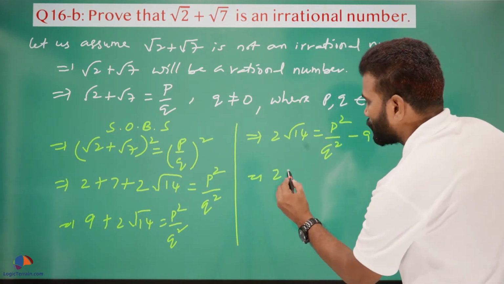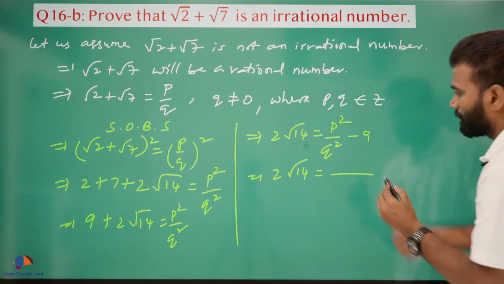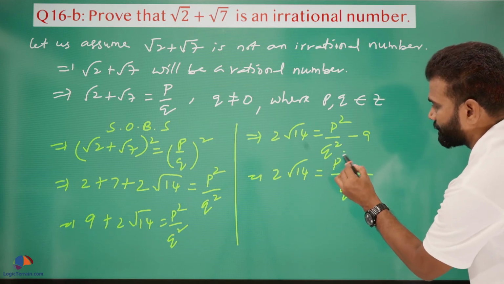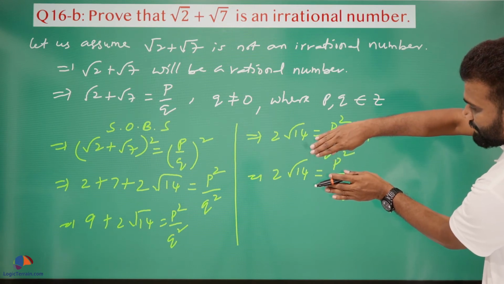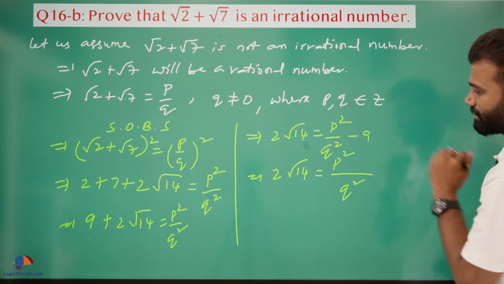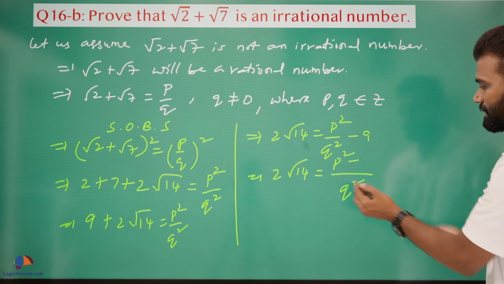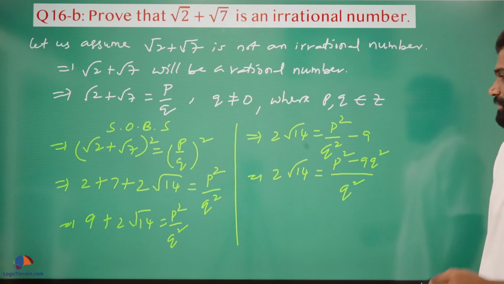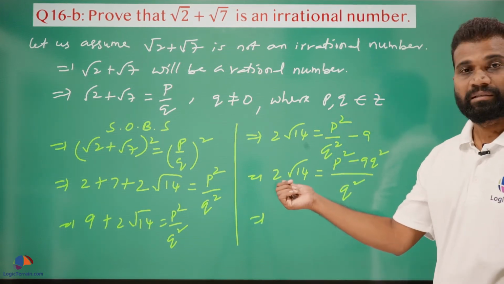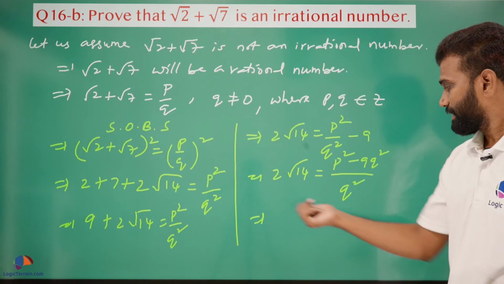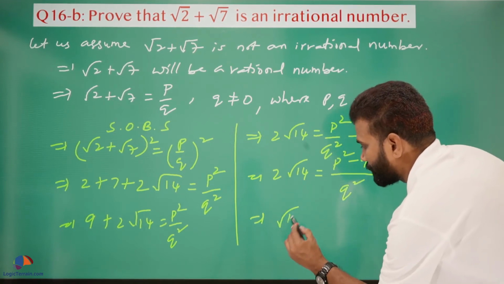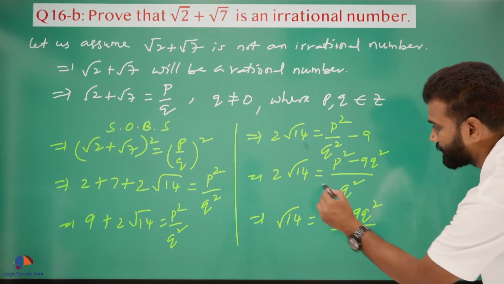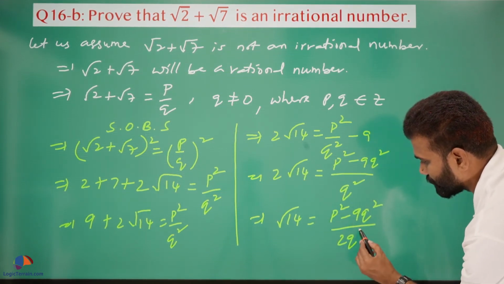Further, 2 square root 14 is equal to, subtracting by taking LCM, that is q square, p square minus 9q square upon q square. Then 2 is multiplied with square root 14, if it goes to the other side it divides, so square root 14 is equal to p square minus 9q square upon 2q square.